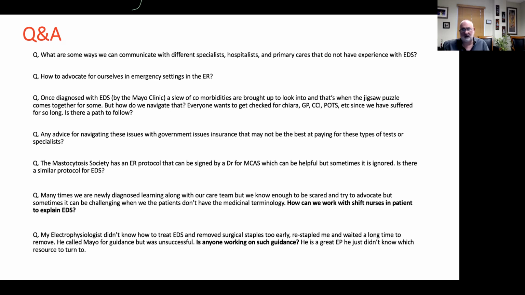If it's fatigue that's crushing and you can't get out of bed, you have to address that. If it's brain fog and you can't work, you have to address that. Those are the 3 more common things that happen both with EDS and POTS and mast cell. And sometimes you have to treat all 3. If you have sleep apnea and you're fatigued all day, that has to be addressed as well.